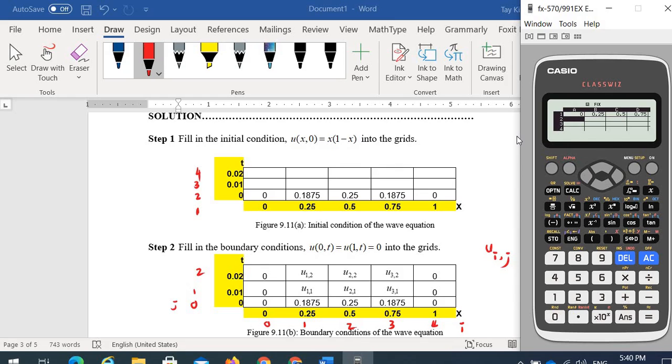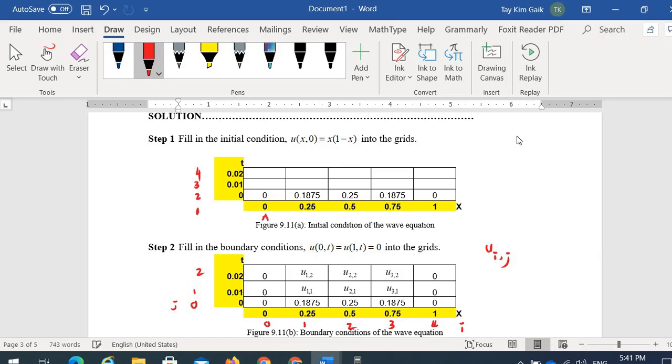So my row 2 is the initial conditions. In the spreadsheet, the columns are A, B, C, D, E. So this cell is column A, row number 2.